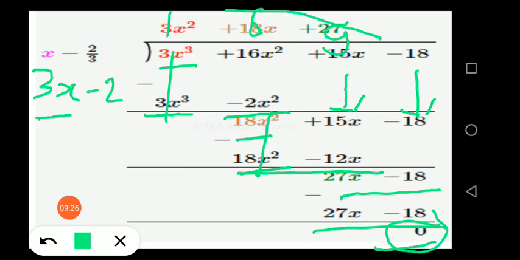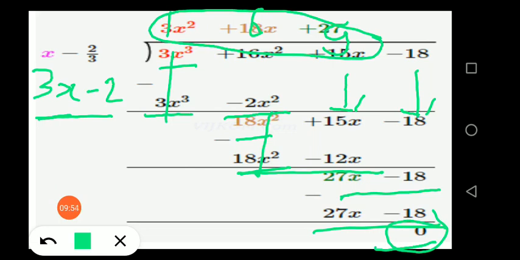Just from here the quotient changes, but it doesn't matter. So if we have to find the quotient and remainder, then we can do this. Or if we have to find out whether the given number is a factor of another number or not, we can do this.